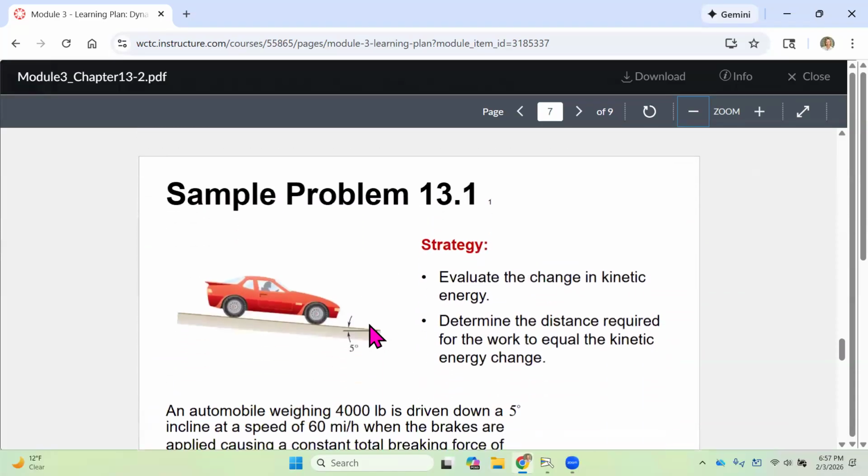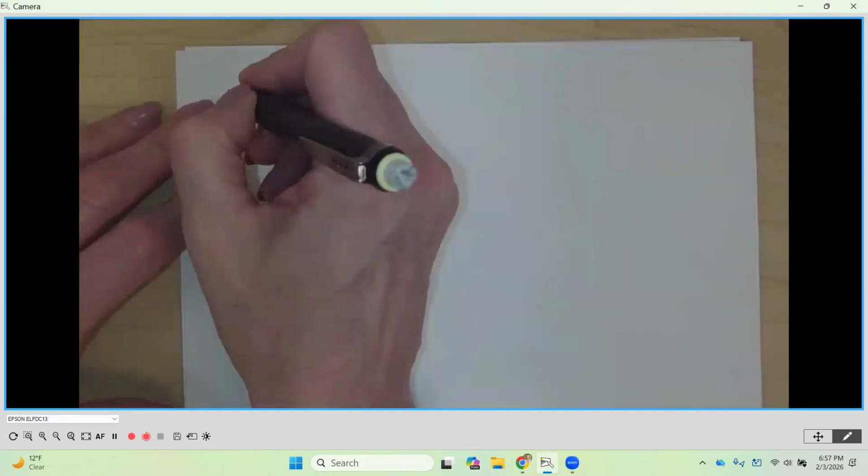Now, before we look at our sample problem 13.1, we're going to do what we always do. We're going to review and get some equations down that are going to help us not only in the practice problems, but also the application problems that you are going to be doing. So I'm going to go underneath my camera and we're going to review the items that we want to add to our sheet here that are going to be helpful.